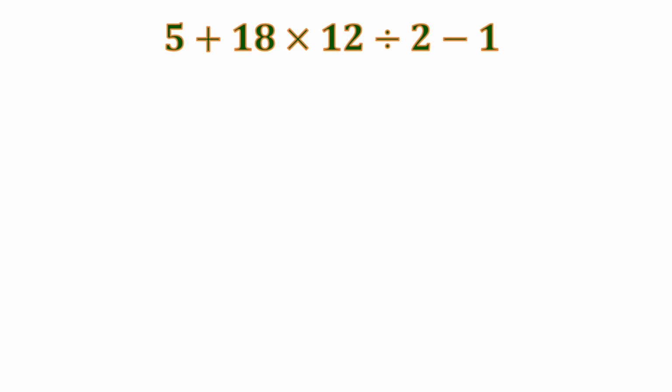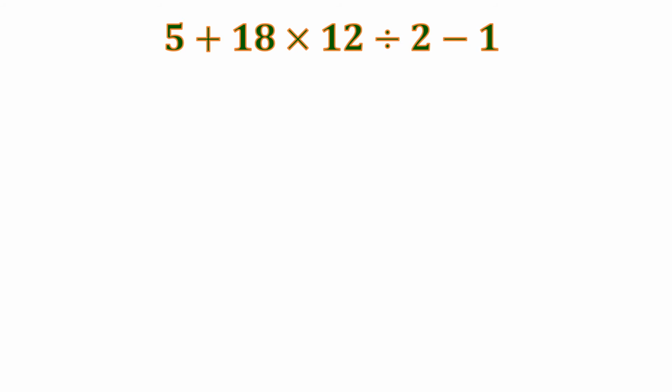So let's have an example. For example, we have 5 plus 18 times 12 divided by 2 minus 1. Observe that the leftmost part of the expression is 5 plus 18. But it doesn't mean you're going to do it first because it's from left to right. No, you have to do first either multiply or divide, and it doesn't matter where they are.